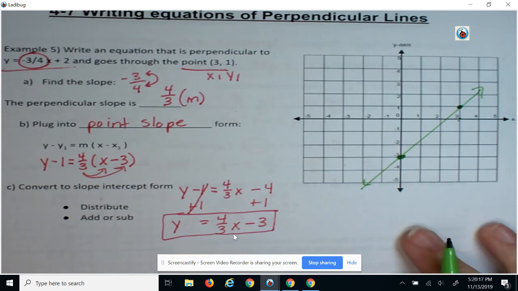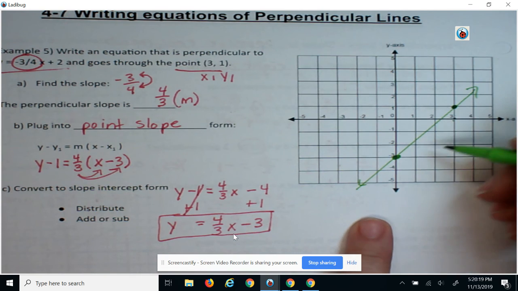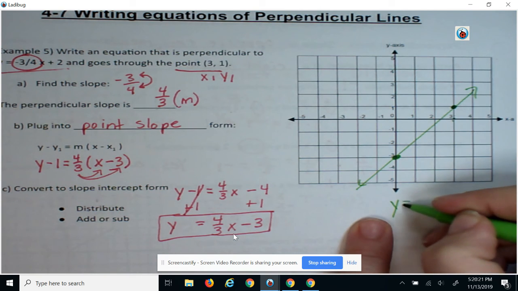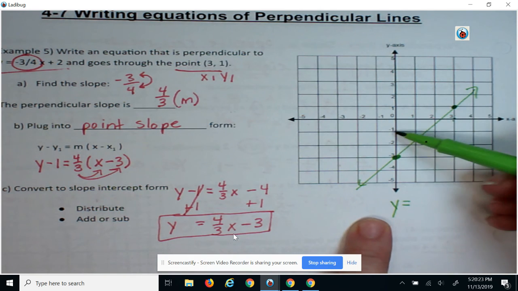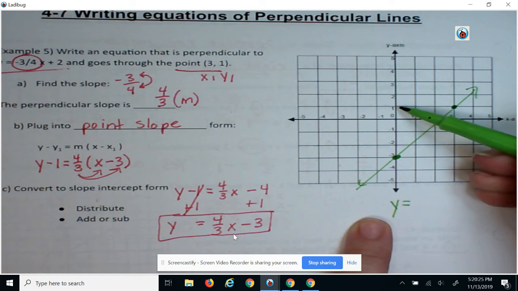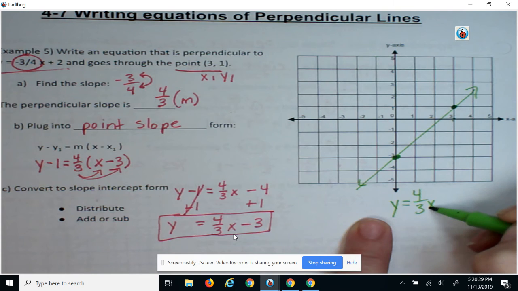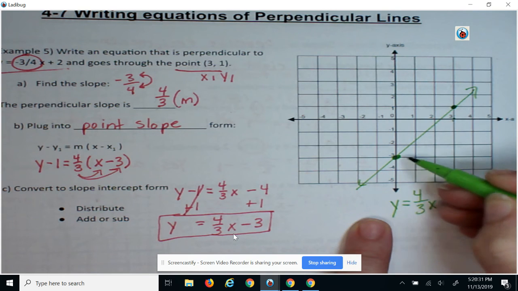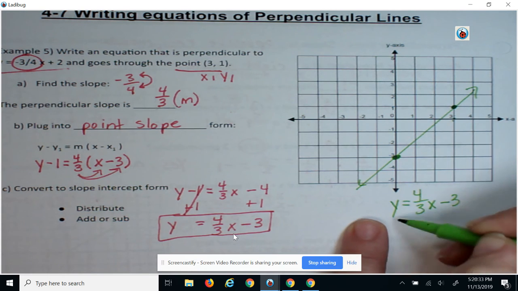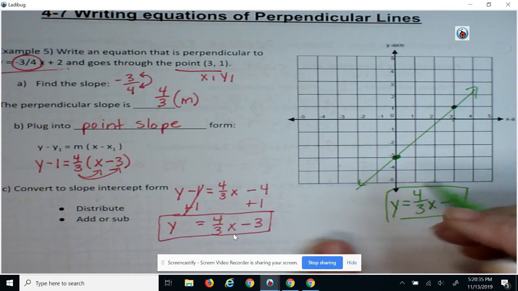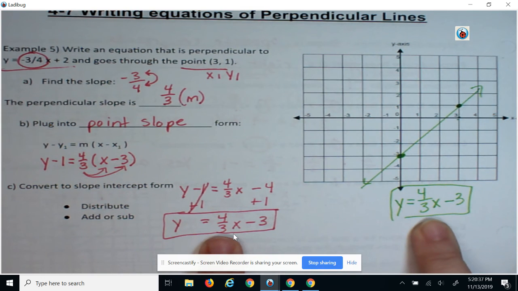And then find the equation. So I know the slope, y equals mx plus b, was up 4, rise 4, run 3. And my y-intercept is negative 3. So 2 different ways, we got the same answer.